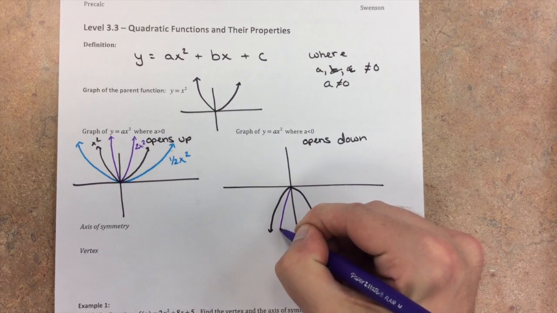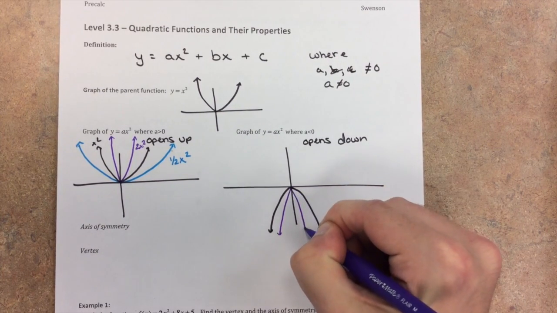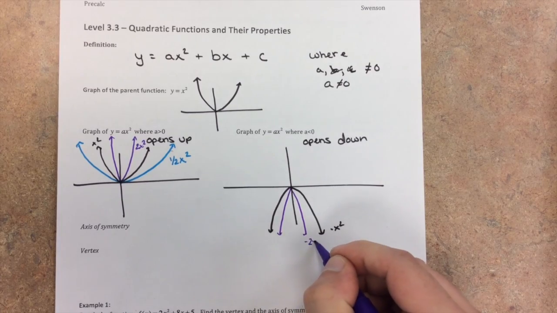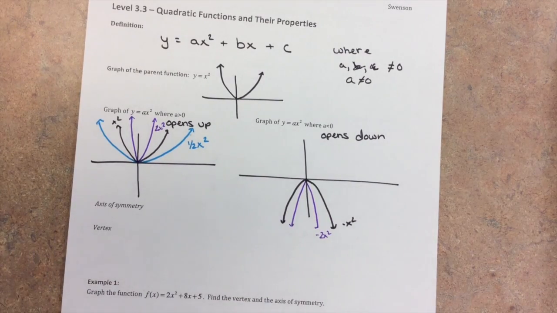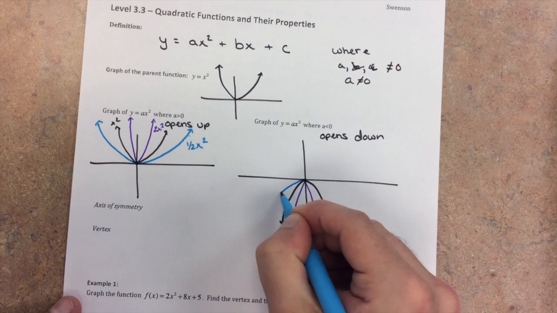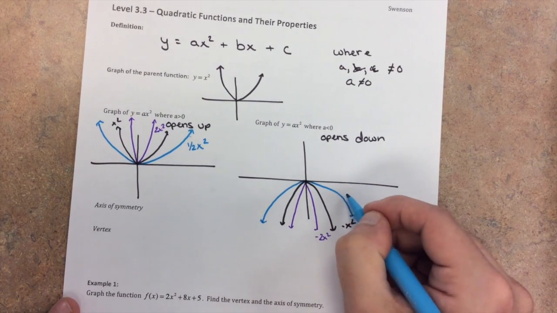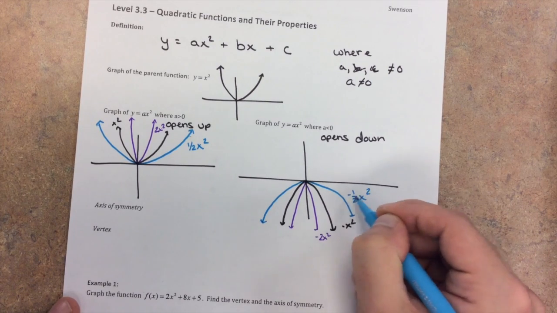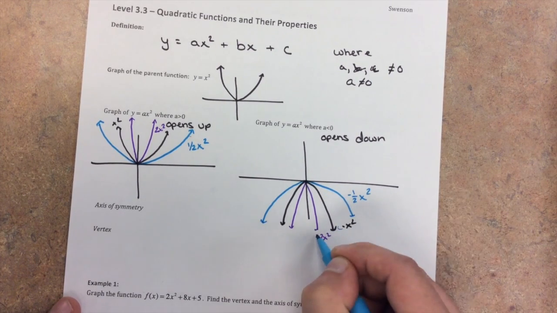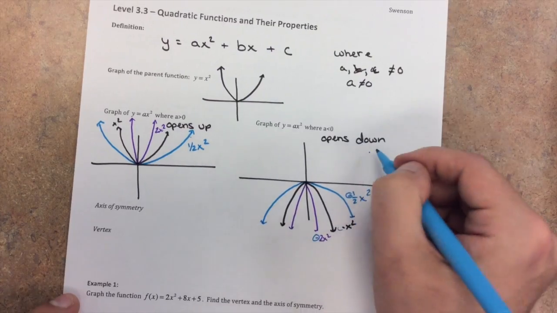So if I have a thinner one, a stretched out one, that would be negative 2x squared. And if I have a wider one, that would be our negative 1/2 x squared. The negative in each one of these tells me that it opens down.